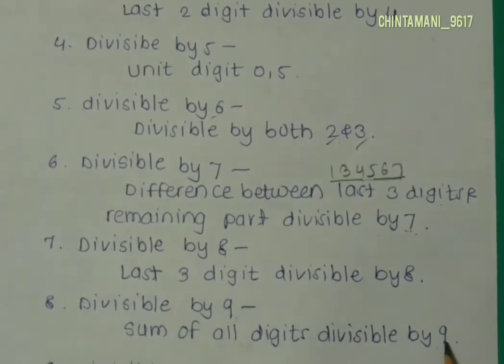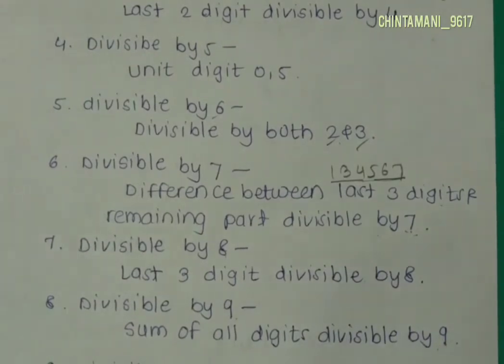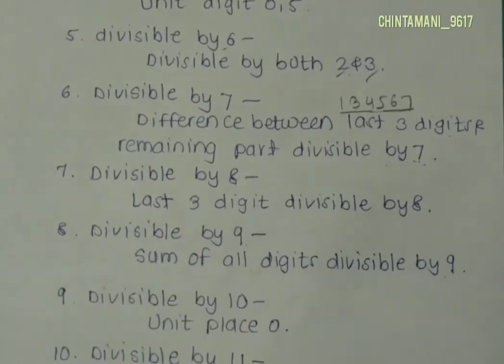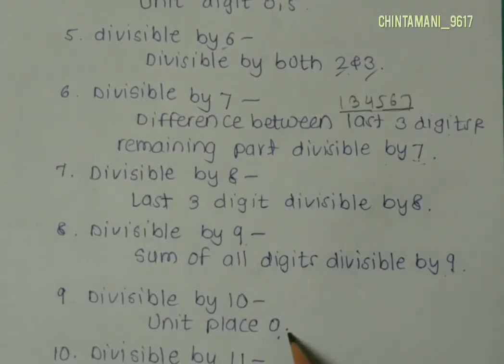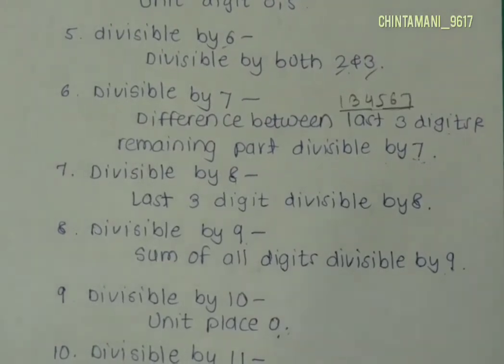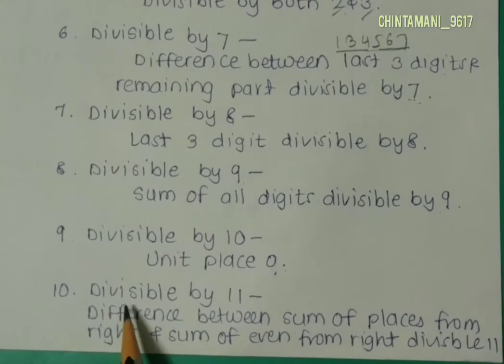The same rule we applied for 3. For divisibility by 10, the unit digit must be 0. For divisibility by 11, the difference between the sum of the digits at odd places from the right and the sum of the digits at even places from the right must be divisible by 11. As simple as that.